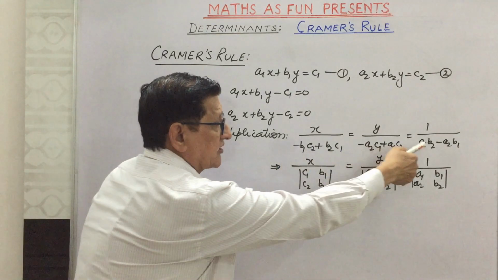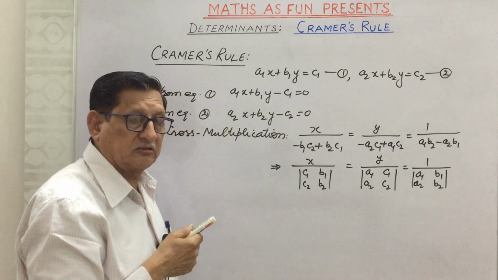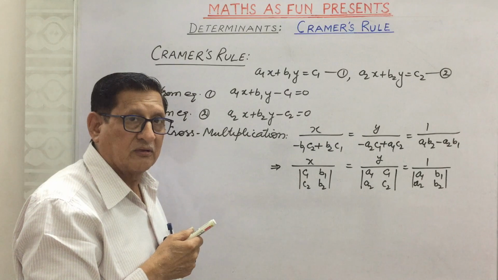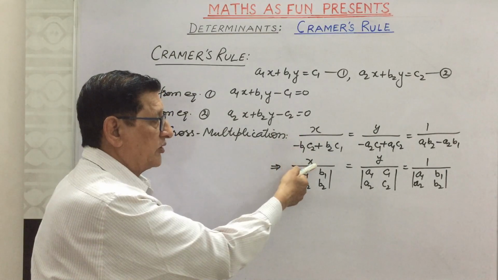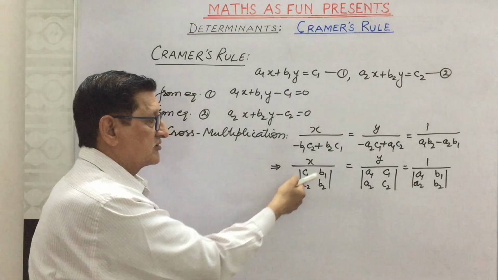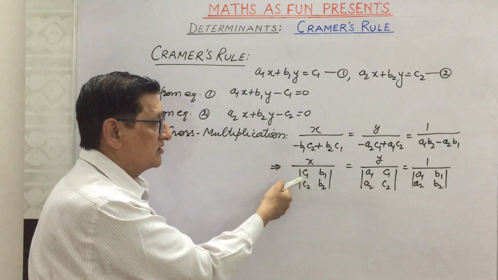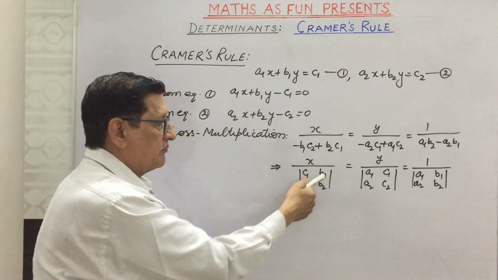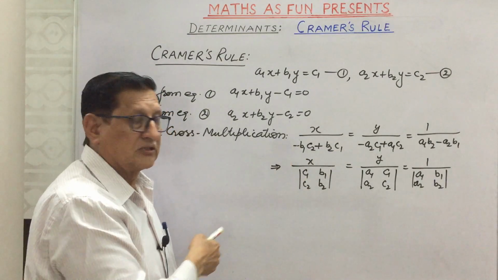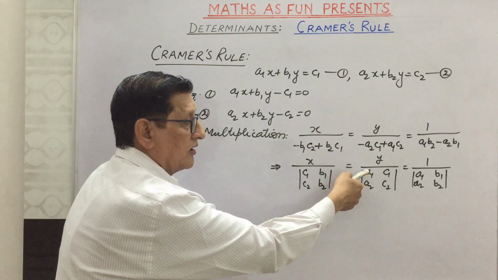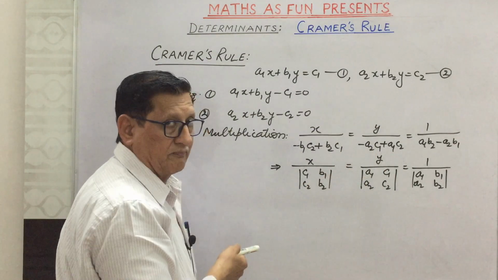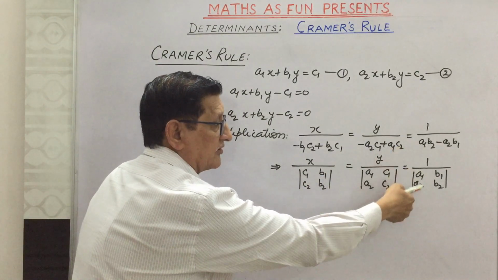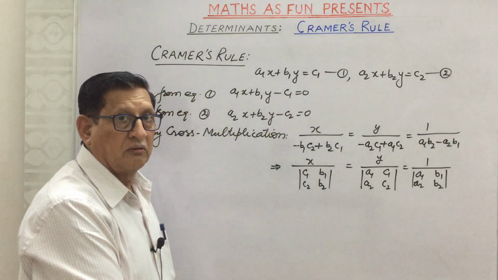These denominators can be represented as determinants. And we find here, this is x upon the determinant c1, c2, b1, b2. You can see here this is c1 into b2 minus b1 into c2. Similarly, this is a1, a2, c1, c2 and this one is a1, a2, b1, b2.